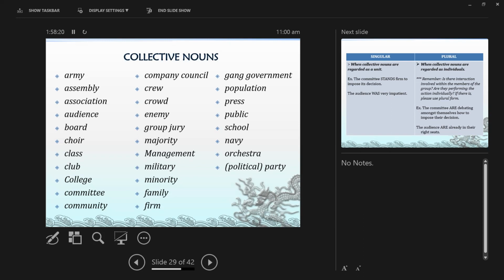The high school reunion committee is preparing a lot of fun and recreational activities for the grand reunion. Totoo yun. Isa ako sa organizers.